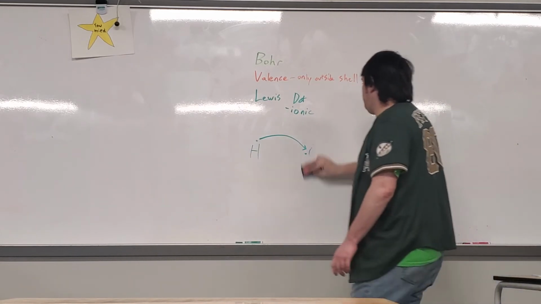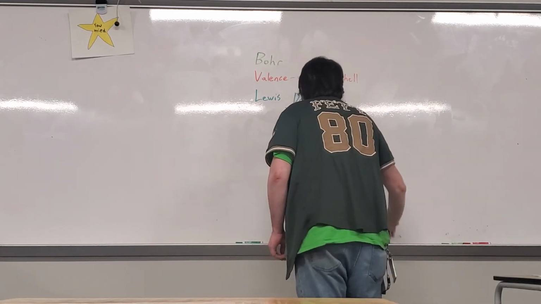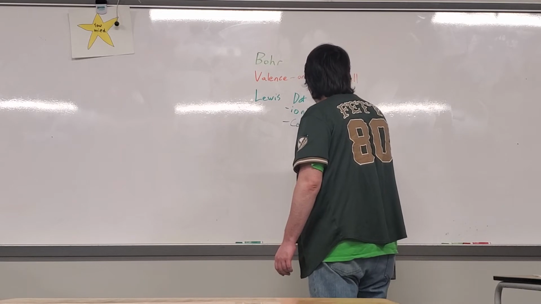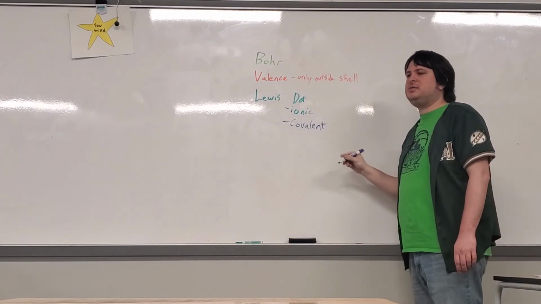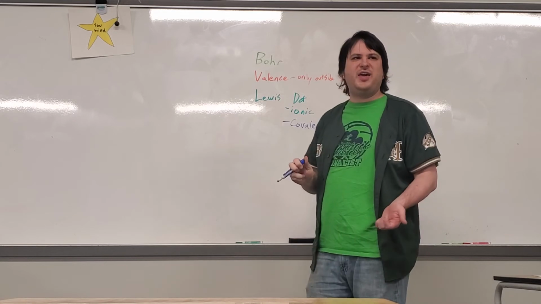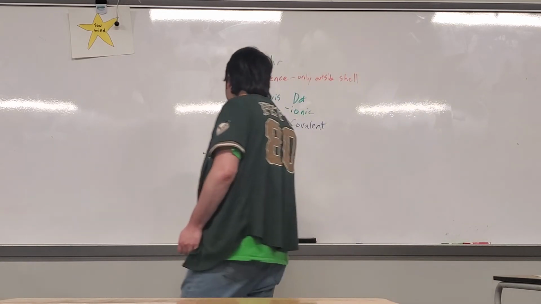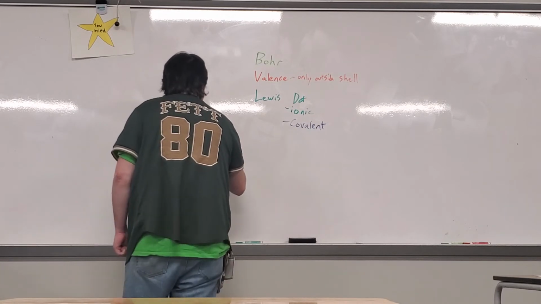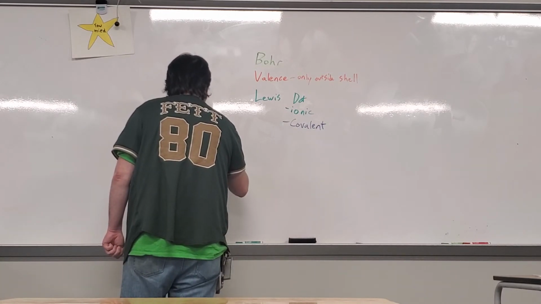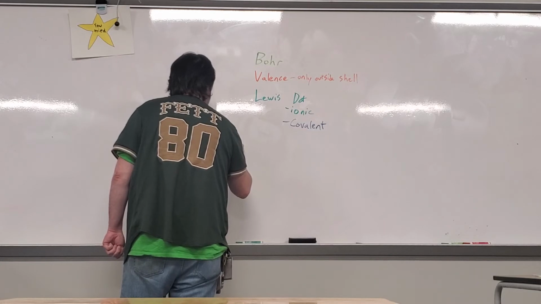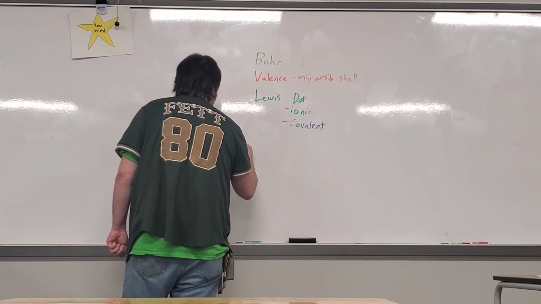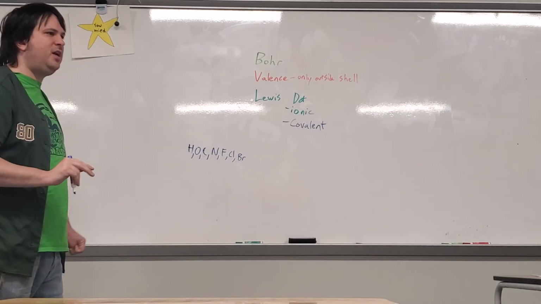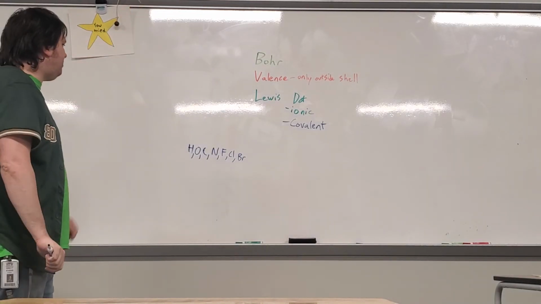We also have a thing called a covalent bond. Those tend to form with things that are not metals, such as hydrogen, oxygen, carbon, nitrogen, fluorine, chlorine, bromine, pretty much everything on the far right side of the periodic table.